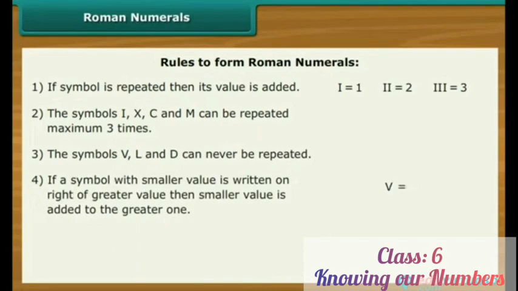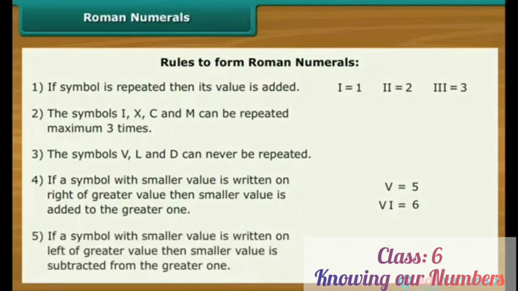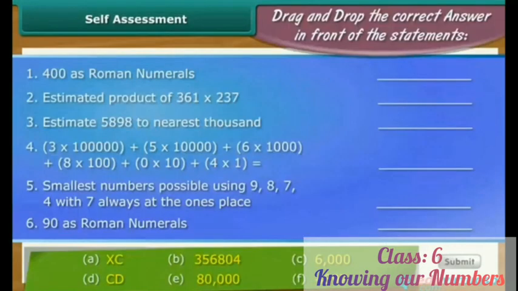Fourth, if a symbol with smaller value is written on the right of a greater value, then the smaller value is added to the greater one. Fifth, if a symbol with smaller value is written on the left of a greater value, then the smaller value is subtracted from the greater one.